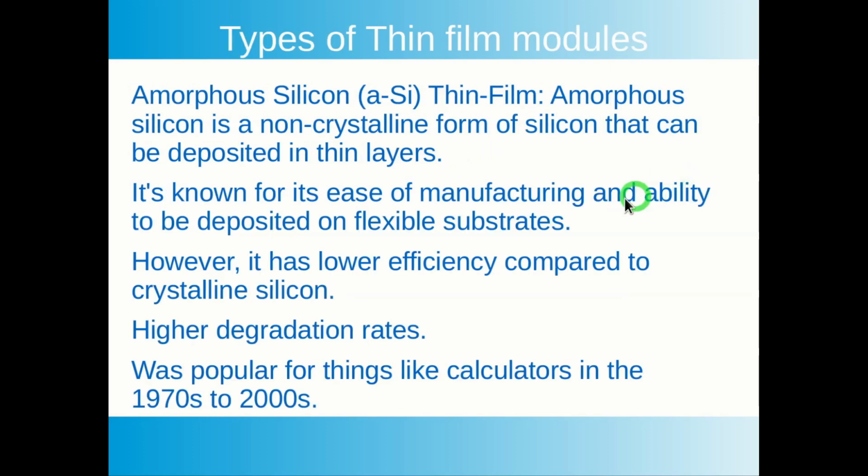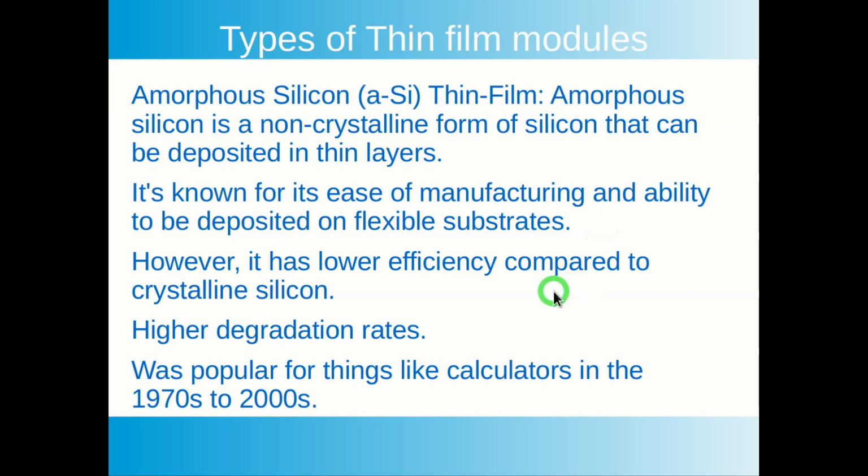Amorphous silicon is a non-crystalline form of silicon that is deposited as a thin layer. So amorphous silicon solar cells are a subset of thin film solar cells. It is popular because of the ease of manufacturing, it's easy to deposit, and it's lower cost.